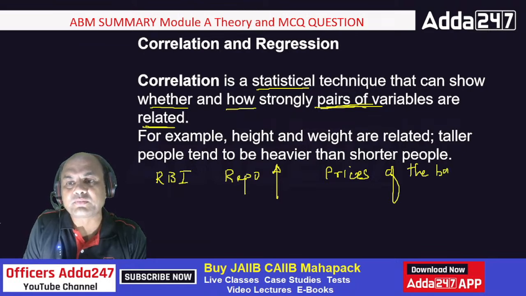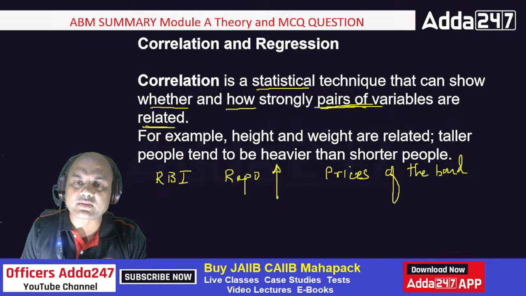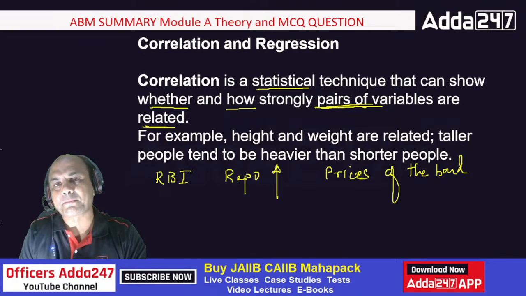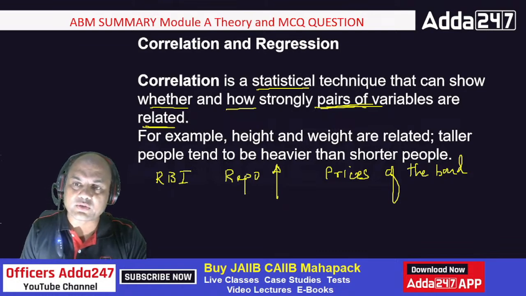What happens to them? Who can give me the answer? Means if the interest rate goes up, then will the prices of the bond go up or down? You had this in JIB, right? So will the prices of the bond go up or will they go down? They'll go down. So this is known as correlation.